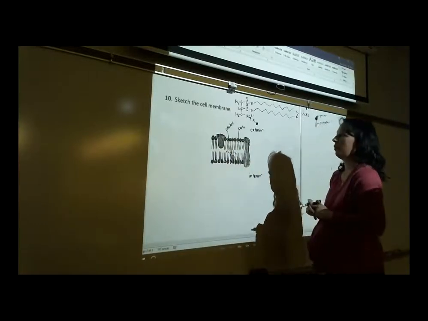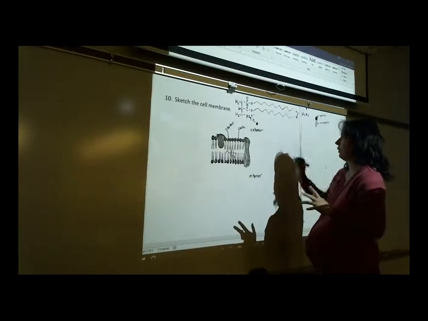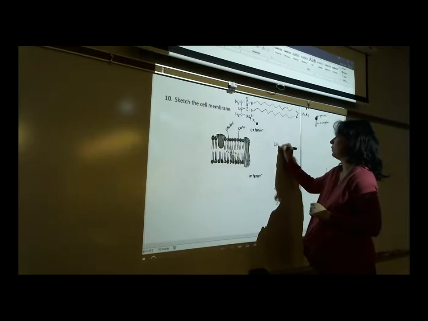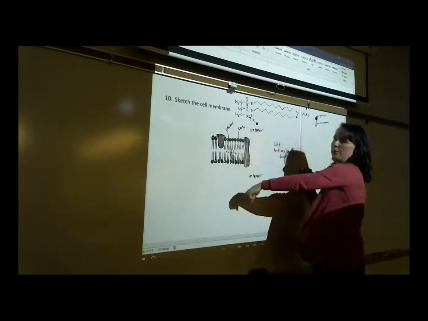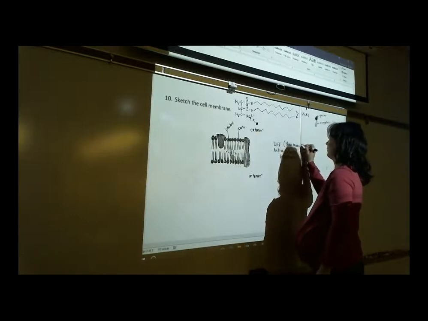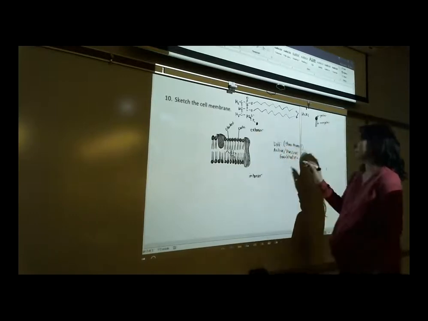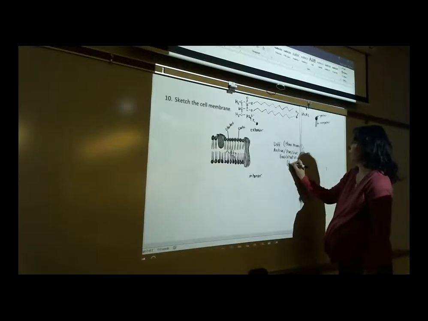In terms of transport, there are three types that we talked about. There's diffusion, and then there's active and passive facilitation. Diffusion just occurs through the membrane, whereas active transport and passive transport occur through what?